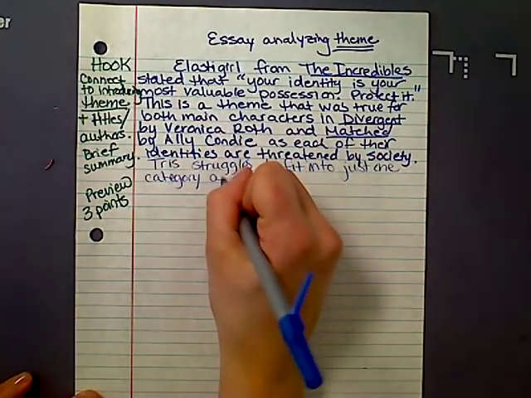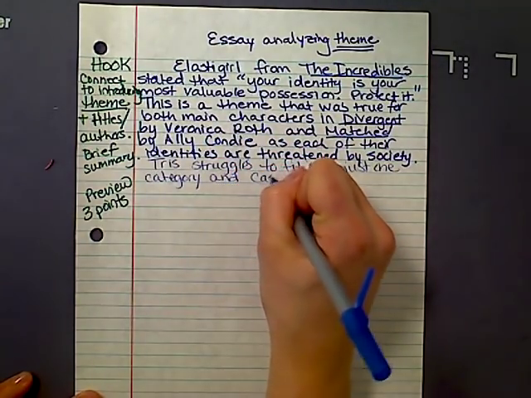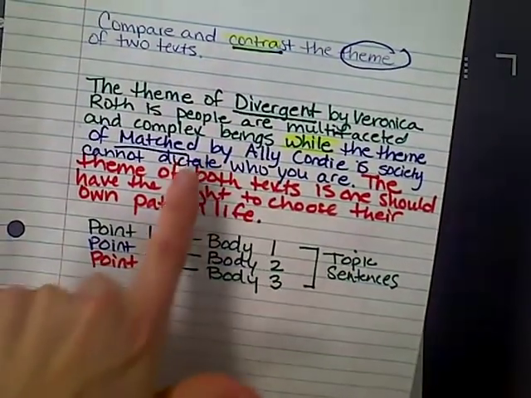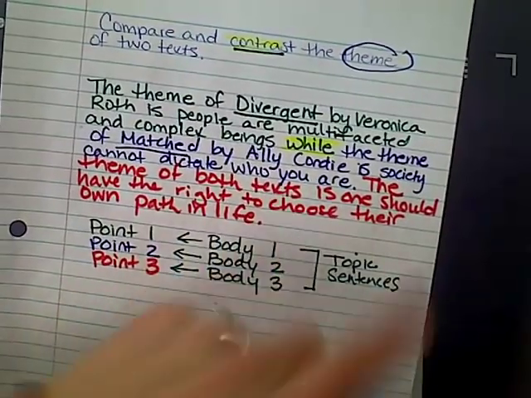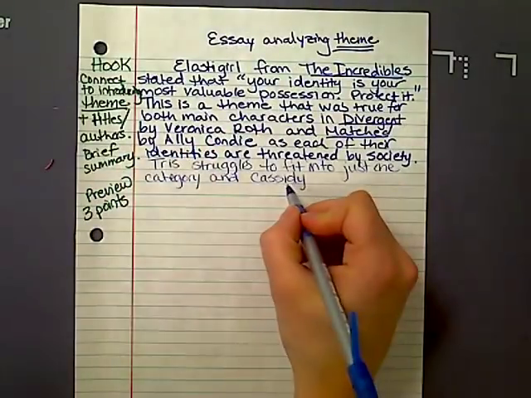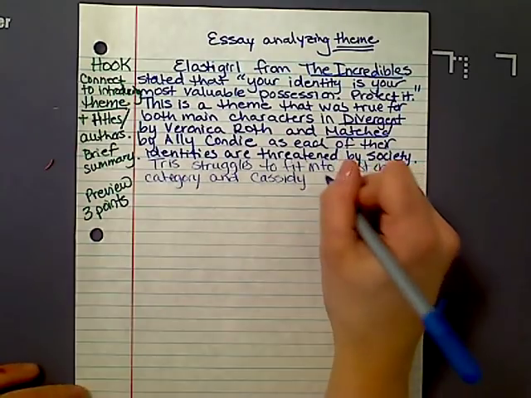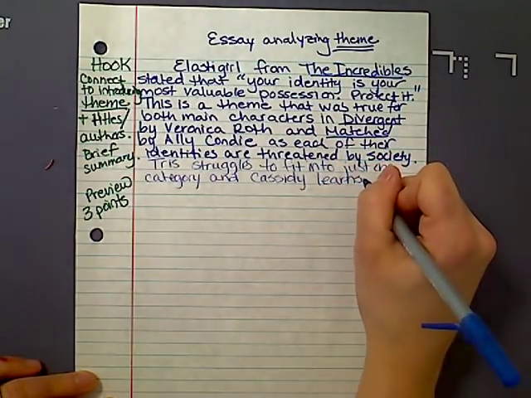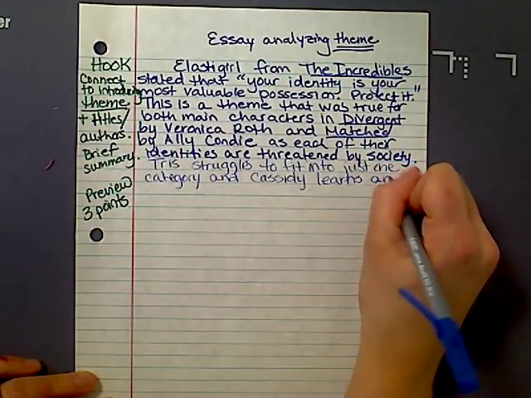And I'm going to go ahead and preview my second one in the same sentence. And Cassidy, my second point then is that society cannot dictate who you are. So I'm going to say, and Cassidy learns, and I'm going to go ahead and say theme again just to remind the reader that's what I'm focusing on.